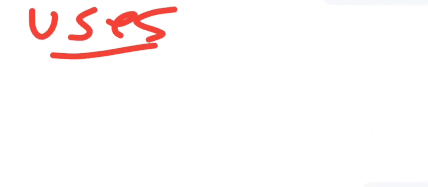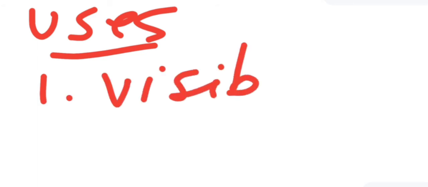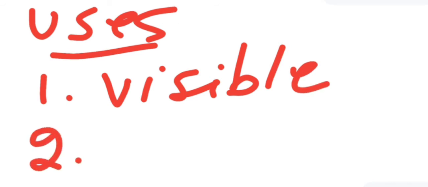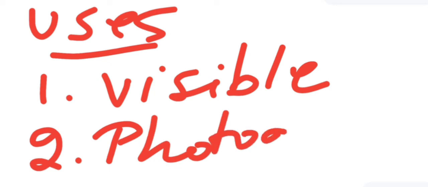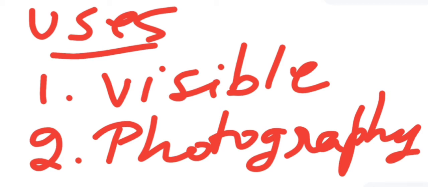So what are the uses of visible light? You have to know that, because sometimes the question comes like this, not directly. Visible light, the 7 colors from sunlight or from a torchlight, makes things visible. That is use number 1. Use number 2, it is used in photography, very popular, and there are many more also.